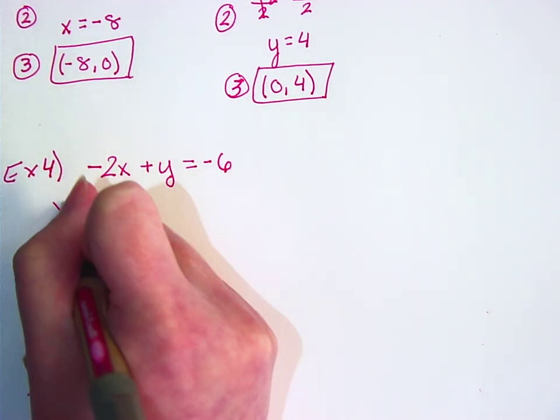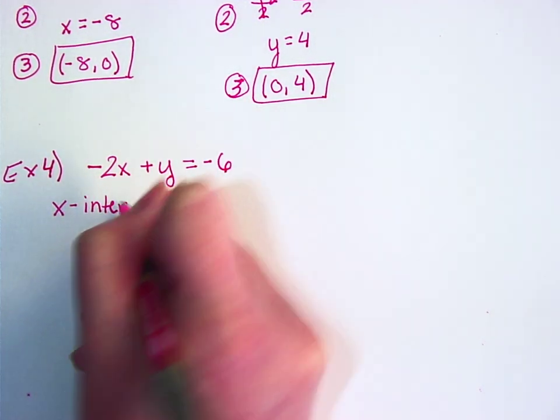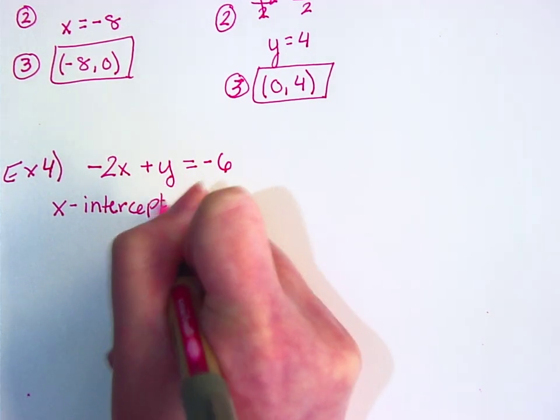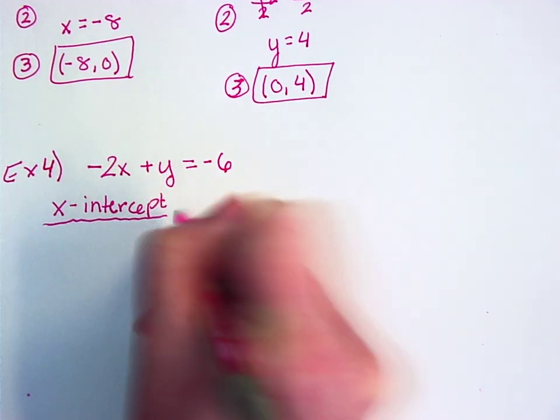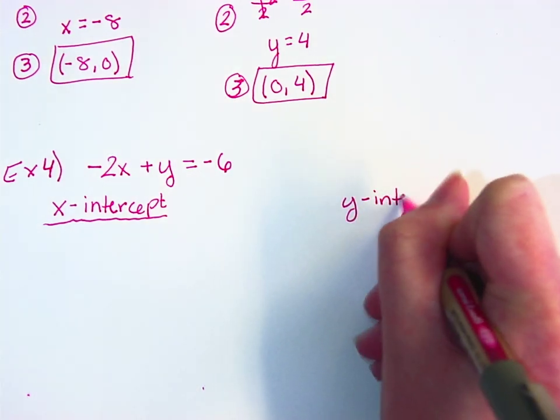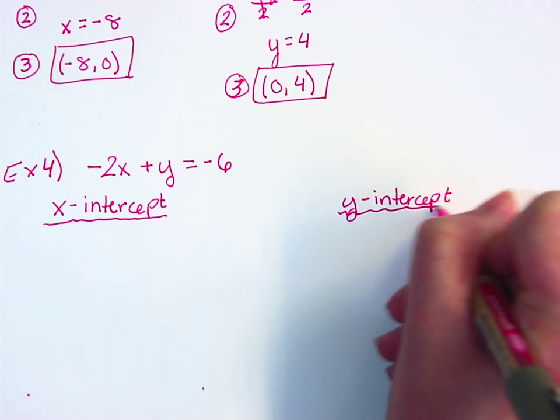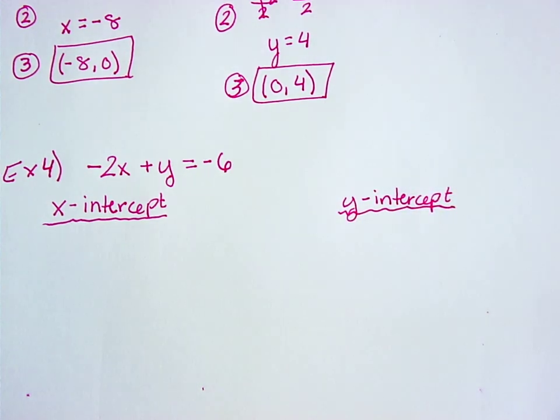I want you to find the x-intercept and the y-intercept. I want you to do this with your partner, and then I'll call up partners to come up here and solve it for us. Okay, discuss with your partner.